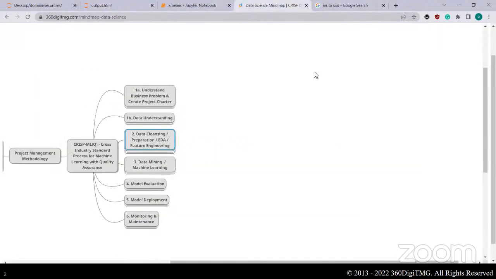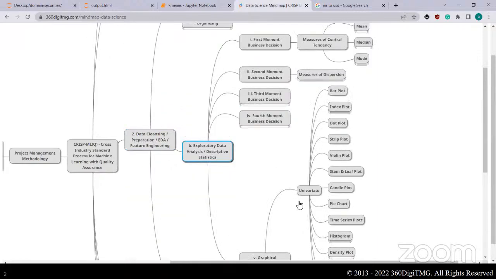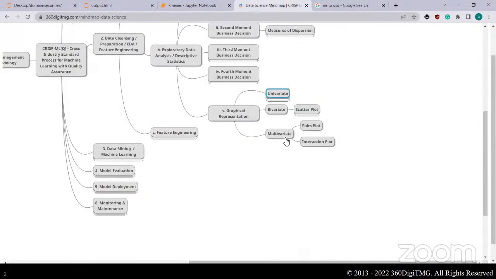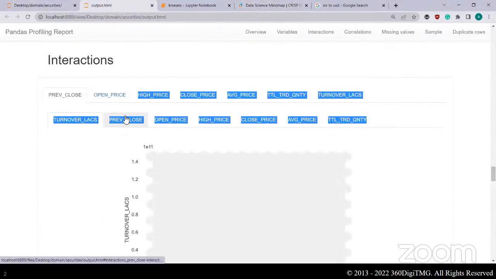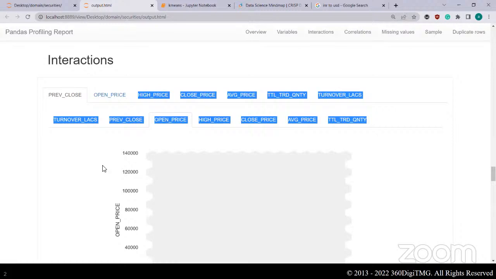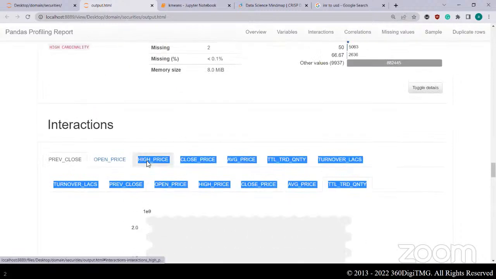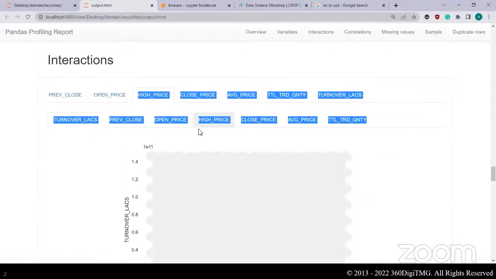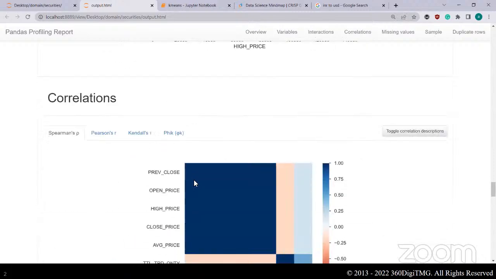Now, if you remember, interaction plot is a multivariate analysis. So you go here, previous close to open price. You can see how they're interacting with each other. Average price. So you can see all these interactions for all the numerical columns.